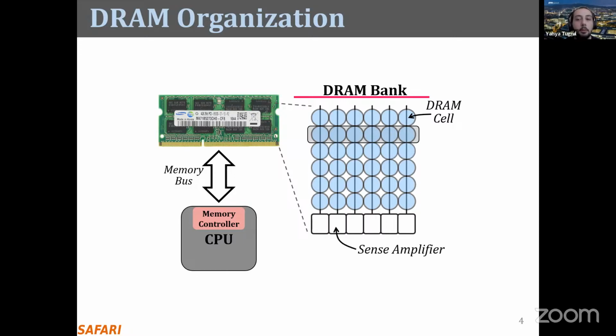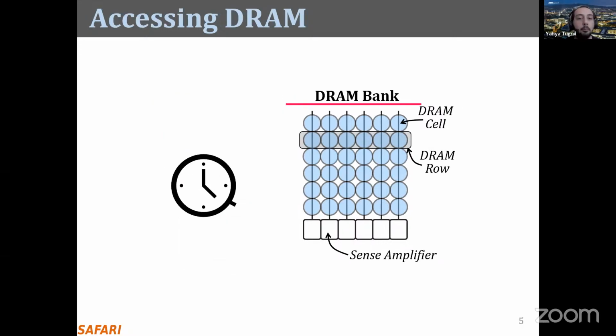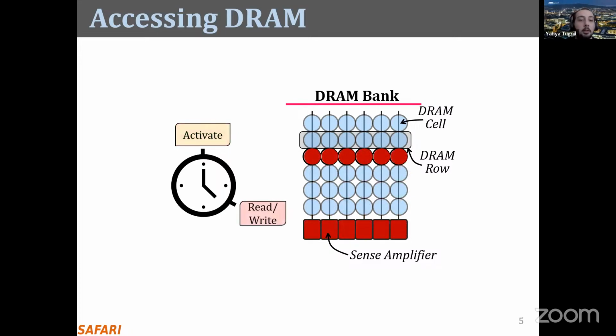The cells are also organized horizontally as DRAM rows. To access a DRAM row, the memory controller first issues an activate command. This activate command loads the DRAM row's data to the sense amplifier, where the data can be accessed with read or write commands. After that, the memory controller must issue a precharge command to close the DRAM row so that another row can be opened later.